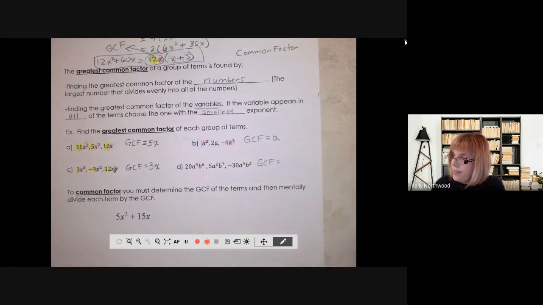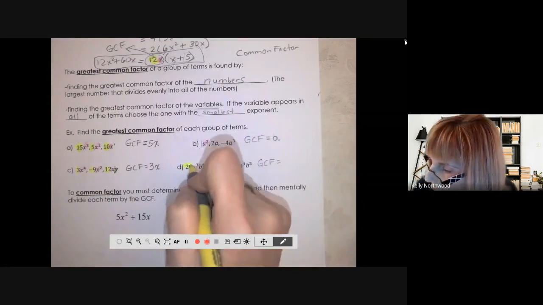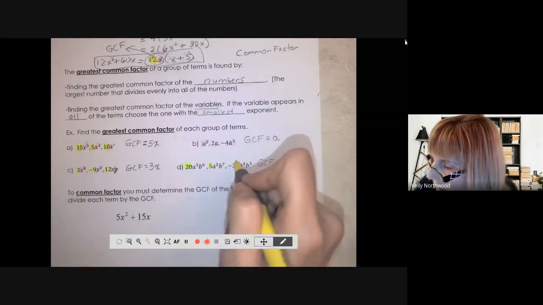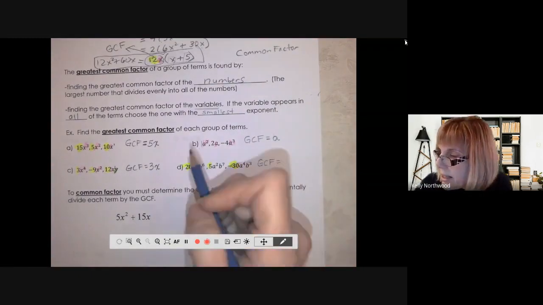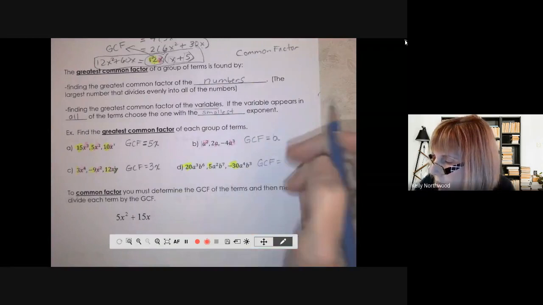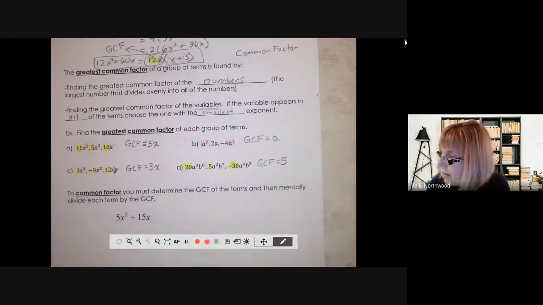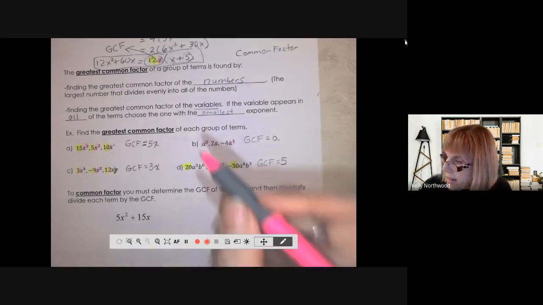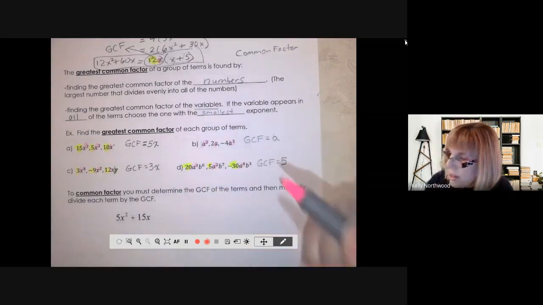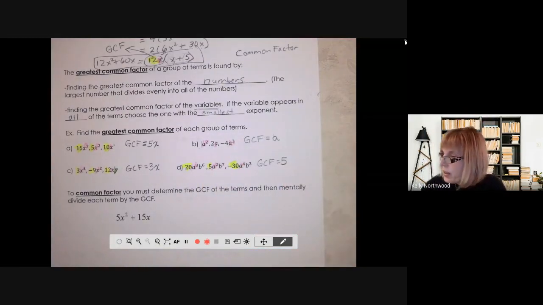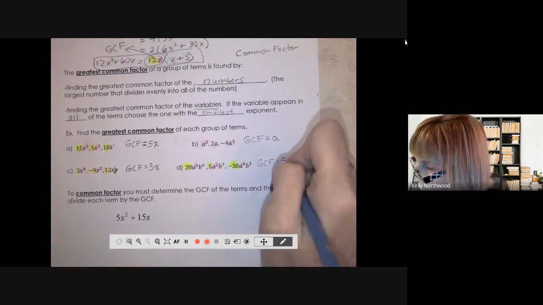And our last one, we'll look at the numbers, 20, 5, and -30. The biggest number that divides evenly into all three numbers is 5. Now we're going to look at the A's. There's an A in all three terms, so it's going to be part of my greatest common factor.